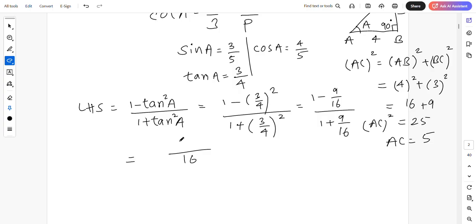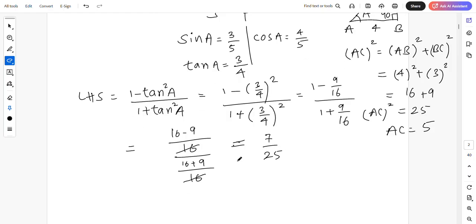I can take LCM here: 16 minus 9 divided by 16 plus 9. 16 minus 9 is 7, 16 gets cancelled, so I can write this as 7 by 25.